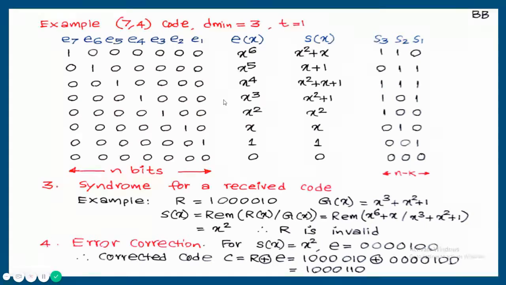Here I am showing how to make the syndrome table for a 7,4 code with the polynomial x cube plus x square plus 1. These are the 8 error patterns. The number of error patterns is 7C0 plus 7C1.